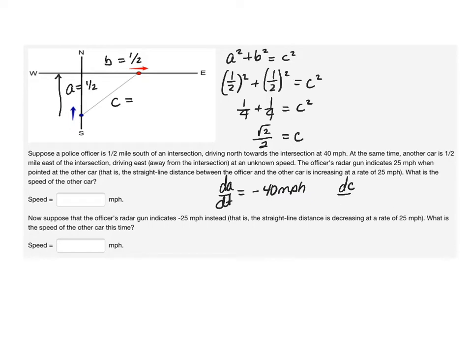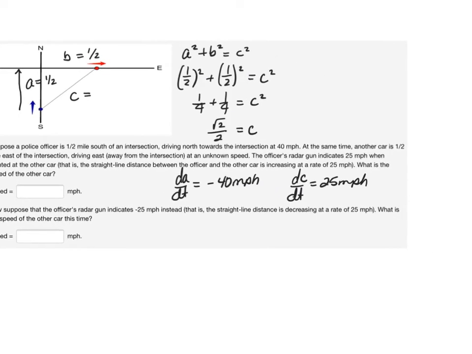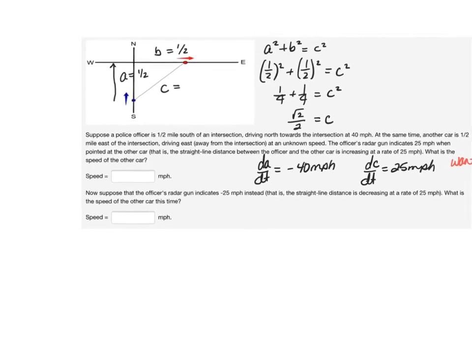My dC dt, that's the other thing they give me, which is 25 miles per hour, and that's positive because it is increasing. What we want, however, is the dB dt.